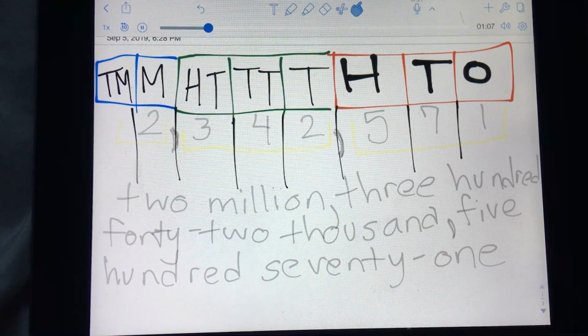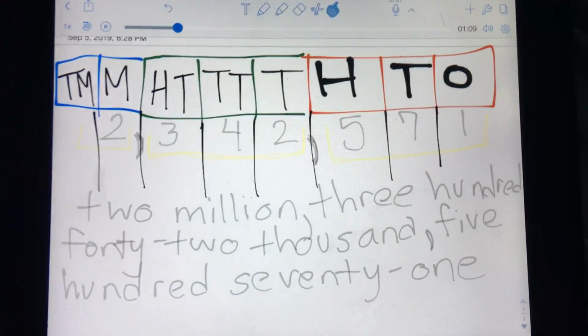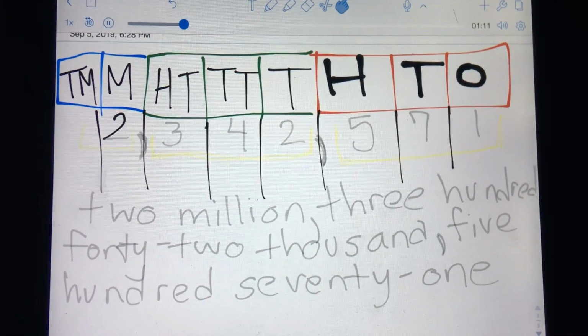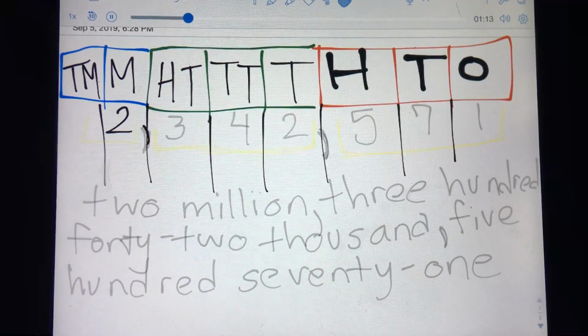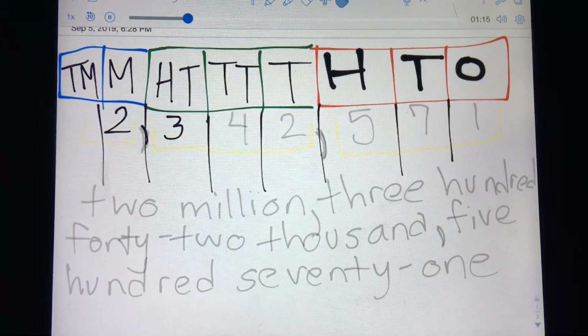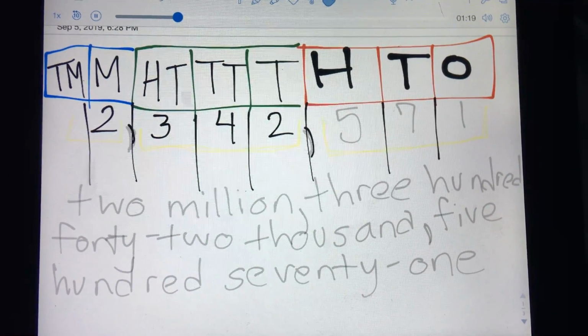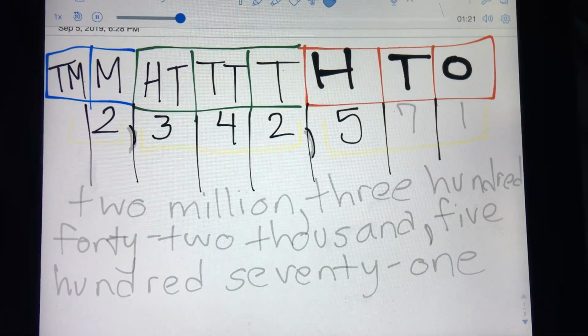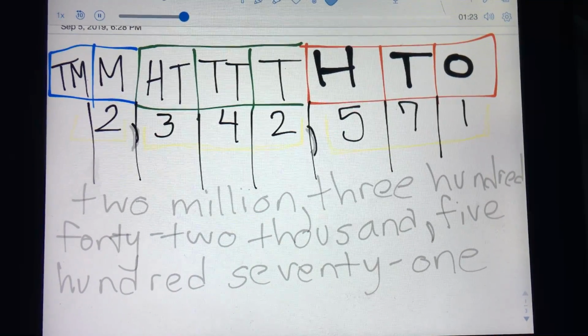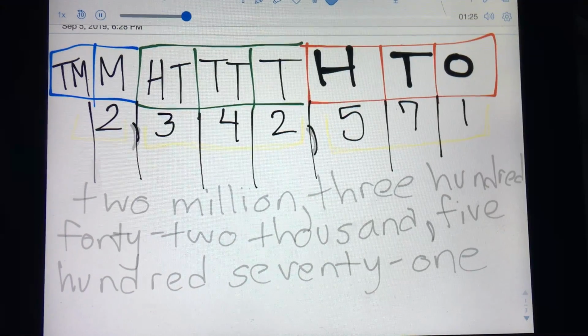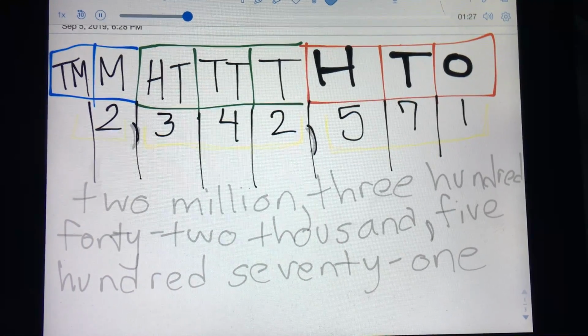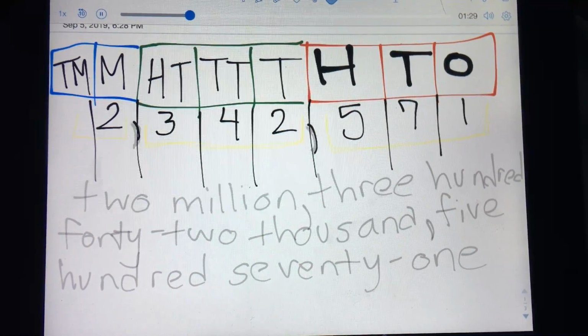Okay, so again, let's say you have a really large number, 2,342,571. And you've been asked to put this number in expanded form and word form.